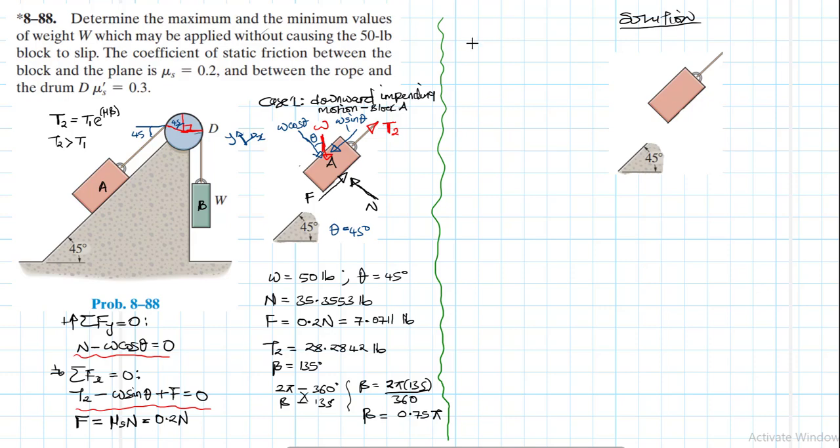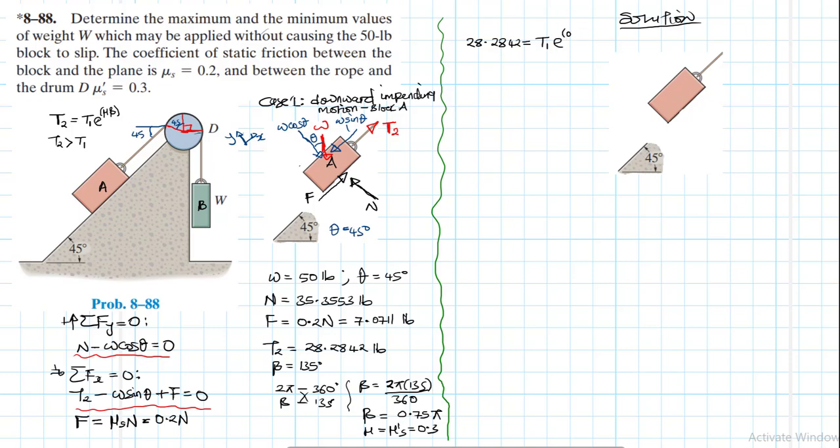Our T2 is, we are still on case 1, 28.2842, equal to T1 e to the power mu times beta. What is our mu? We've been told mu s is equal to 0.3.